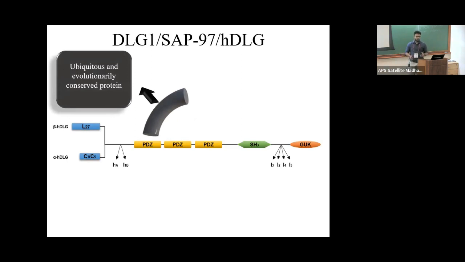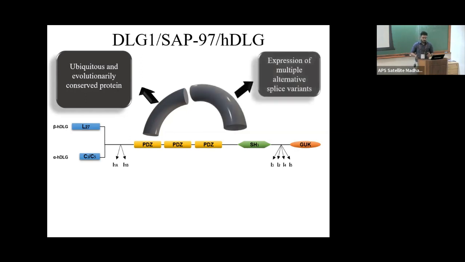It is predominantly seen in cell-to-cell junctions, especially in neuronal synapses, as well as in immunological synapses and epithelial cell junctions. The expression of SAP97 is also observed to have multiple isoforms due to alternative splicing happening at the N-terminus as well as at the C-terminus.